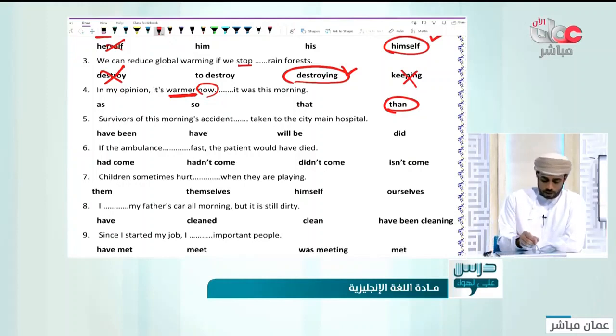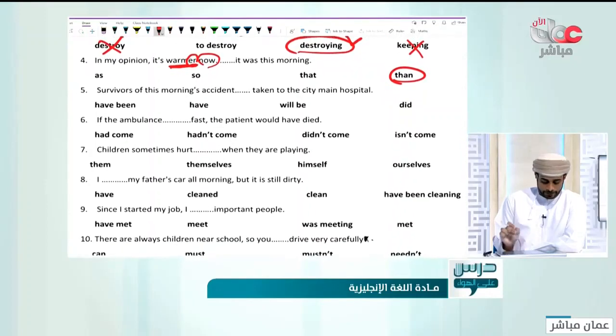So in here we say that the ER gives you the clue. For 5. Survivors of the morning's accident, taken to the hospital or to the city main hospital. What are the words that we can see there? Survivors. Taken.